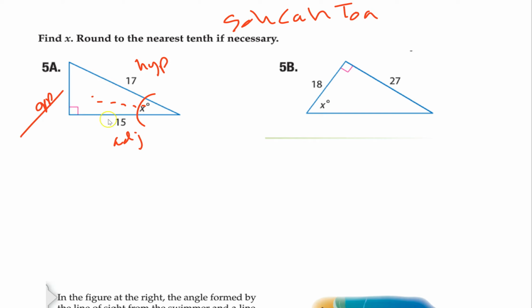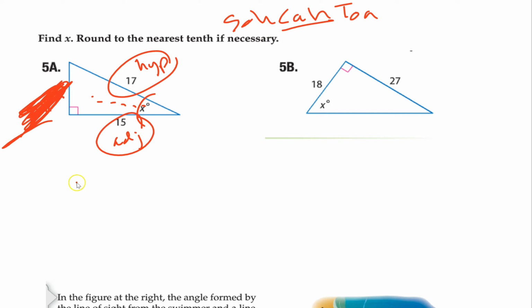I don't have that. I have adjacent, I have hypotenuse. Don't have that. So CAH. So cosine of x equals adjacent over hypotenuse. So you're going to get rid of cosine, so it's inverse cosine of both sides.